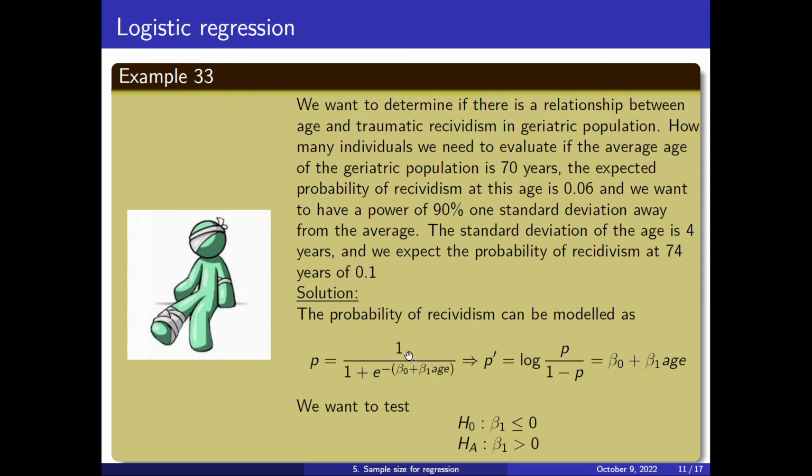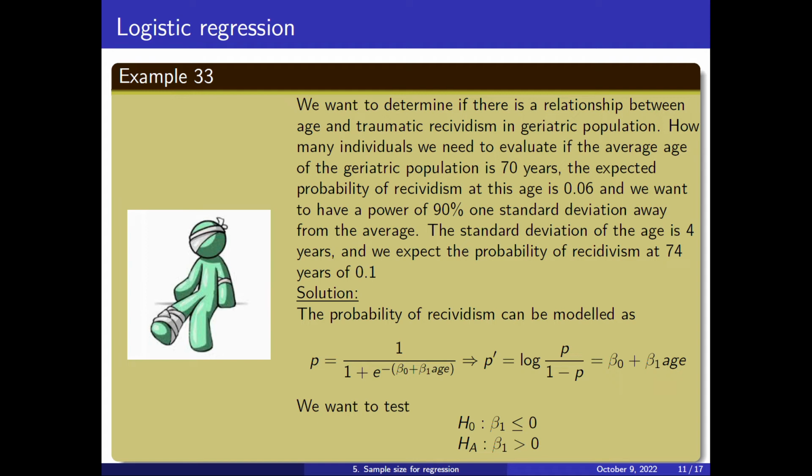So this probability is modeled in this way. The probability of falling again is 1 over this sum here, and this is an exponential function, and it is not so easy to deal with nonlinear functions.